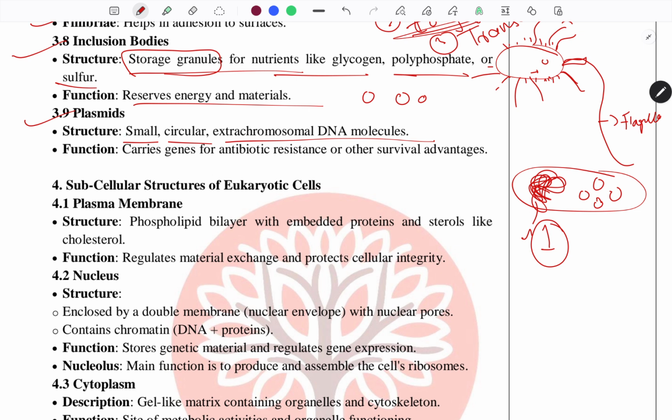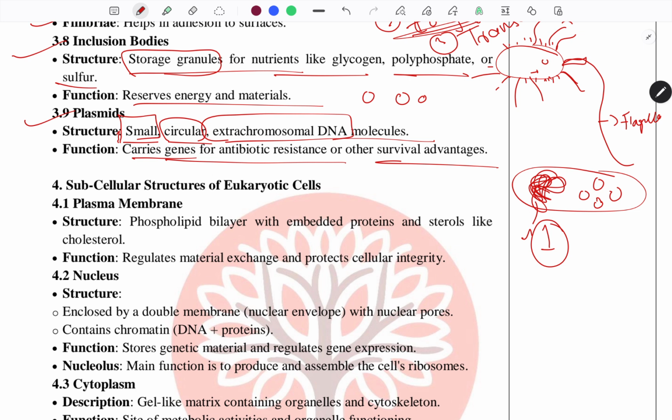Remember the definition of plasmids: a small circular extra chromosomal DNA. If in some questions they ask what the extra chromosomal DNA present in prokaryotic cells is, that is plasmids. It carries genes for antibiotic resistance and survival advantages.